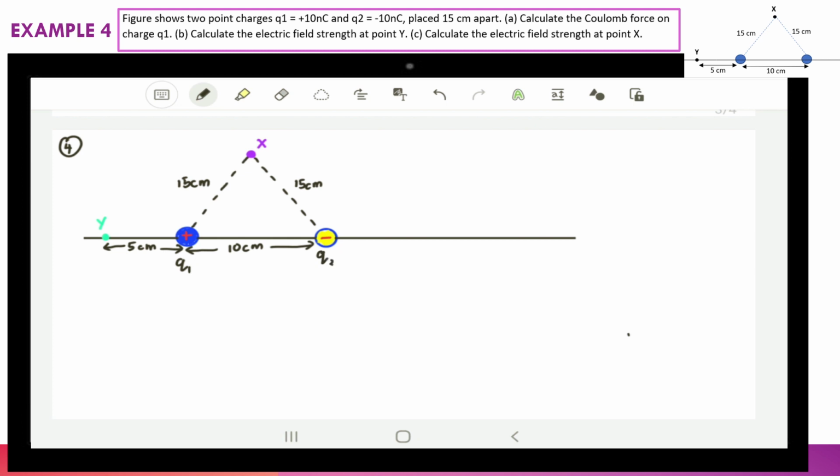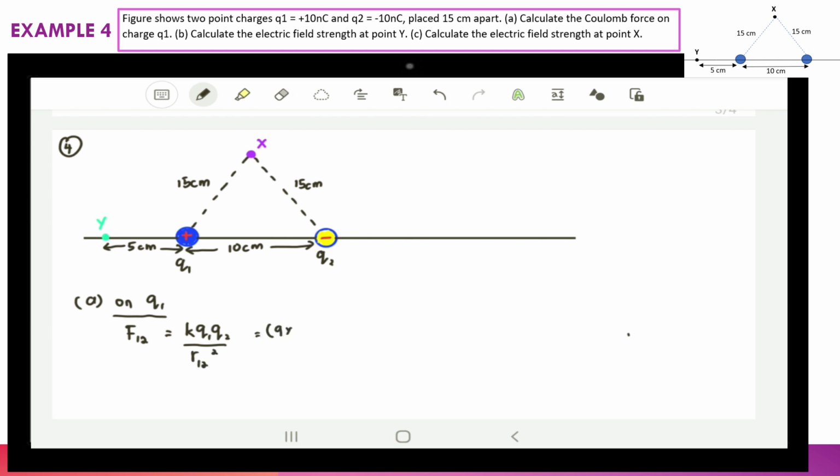So in order to answer question A, we want to find what is the electrostatic force or the coulomb force on Q1. So F1 due to second charge is equal to K Q1 Q2 over the distance between charge 1 and charge 2 squared.